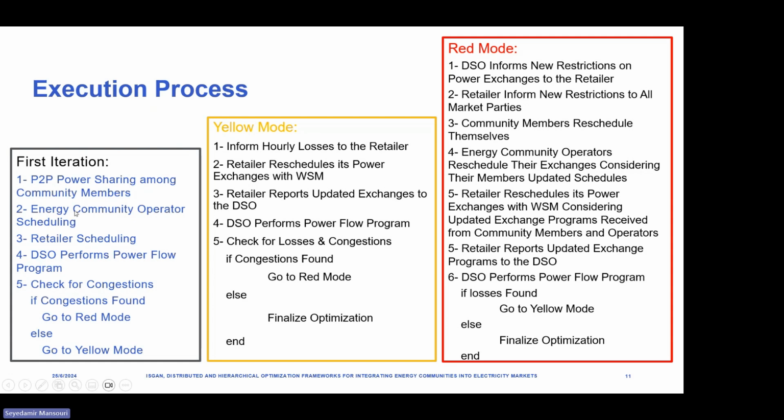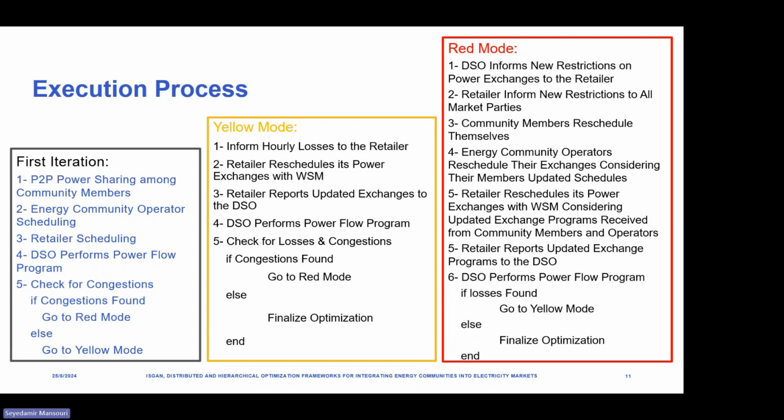And in the second step, the energy community operator is going to schedule its own area, considering the programs received from community members and its own needs. And in the third level, the retailer is going to be scheduled considering the programs received from energy community members and energy community operators, and can finalize its participation in the wholesale market based on these programs.